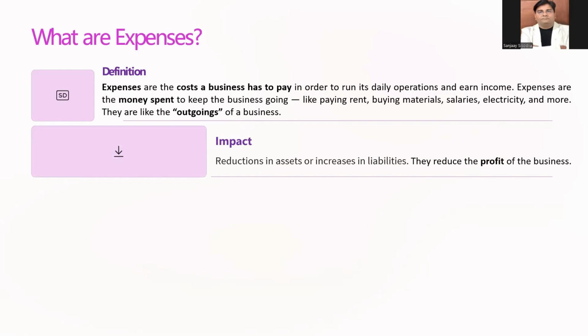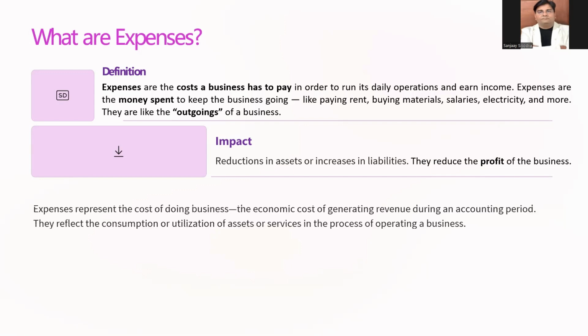How do expenses impact the business? It results in reduction in assets or increase in liability. And any expense incurred by the business reduces the profit of the business. We can say expenses represent the cost of doing business, the economic cost of generating revenue during an accounting period.